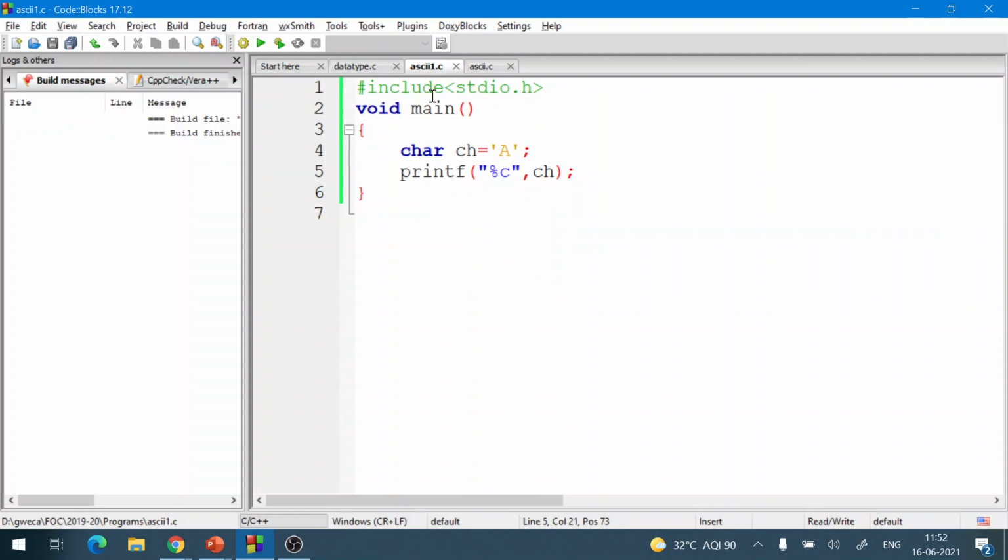But if I change this %c to %d, it means we want to print the integer equivalent of the character value, because this tells the printing format. The printing format has to be integer, but the value is a character.